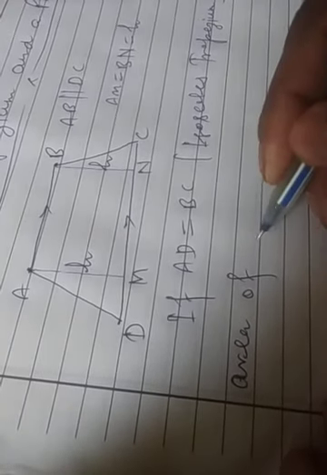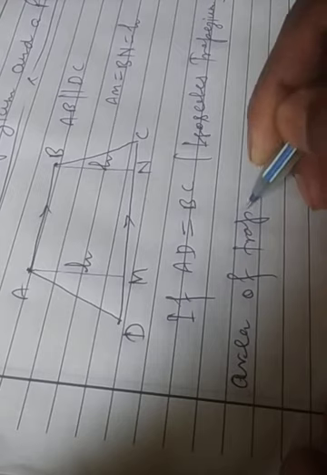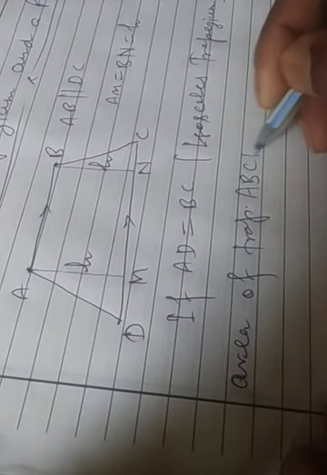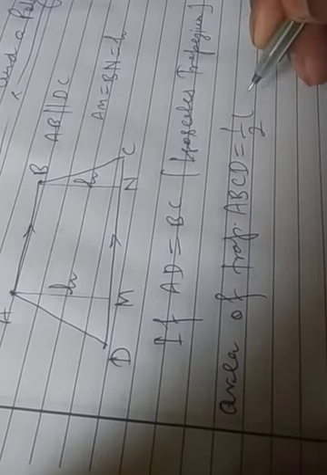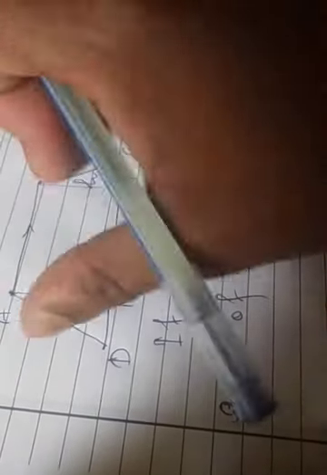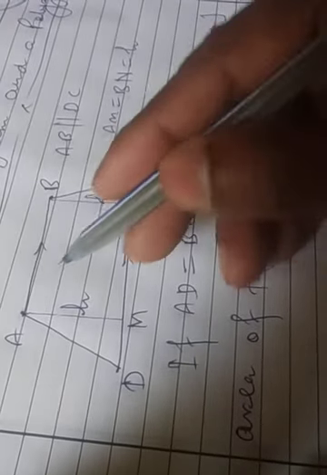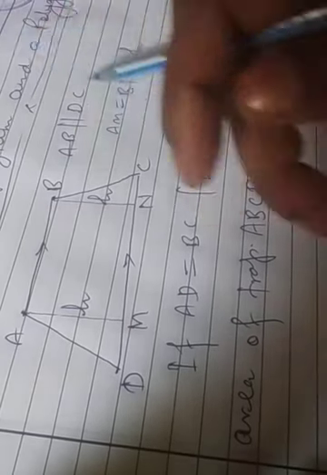Area of trapezium ABCD is equal to 1 by 2 into sum of parallel sides. It means 1 by 2 into AB plus DC, and into the height of the trapezium, which is H.